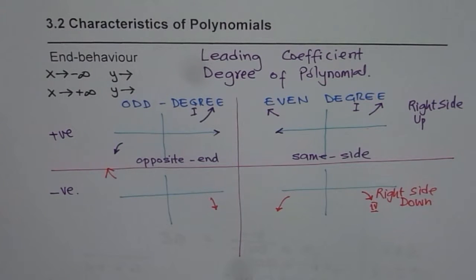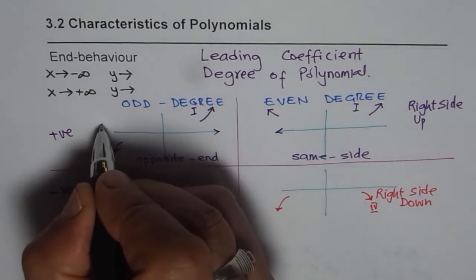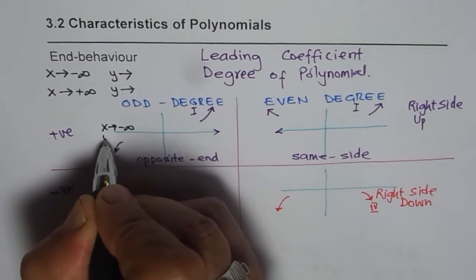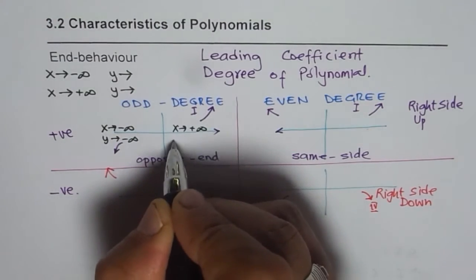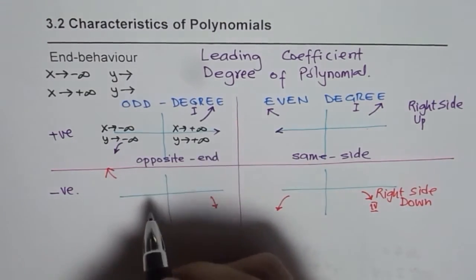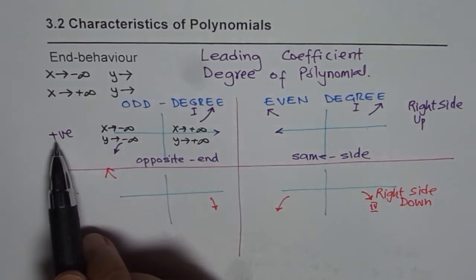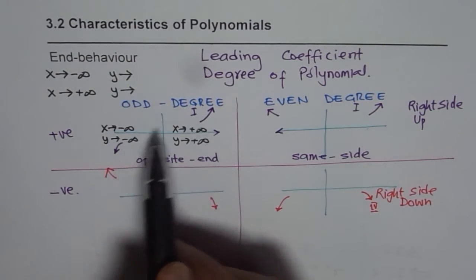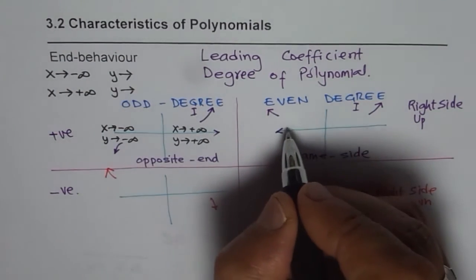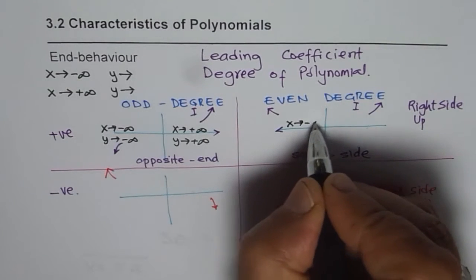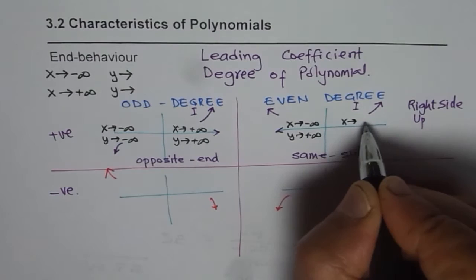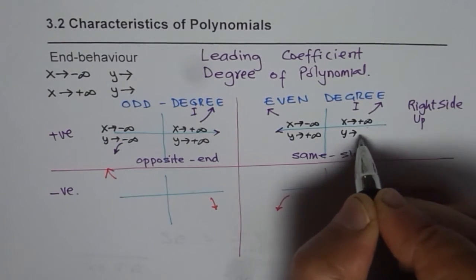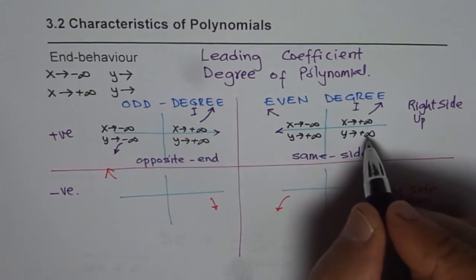Now, you can clearly write your end behavior here, right? So here, if x approaches negative infinity, y approaches negative infinity. If x approaches positive infinity, y approaches positive infinity. This is when positive leading coefficient for an odd degree, opposite ends, right? In this case, if x approaches negative infinity, y approaches positive infinity. X approaches positive infinity, y approaches positive infinity. Same side, do you see that?